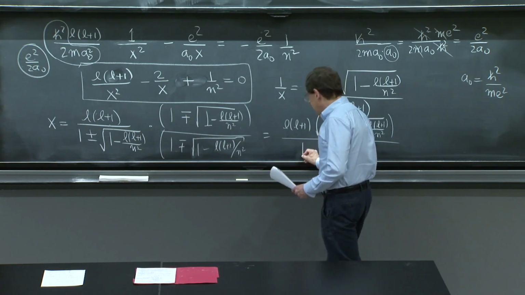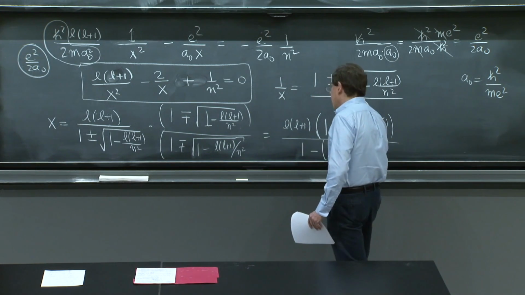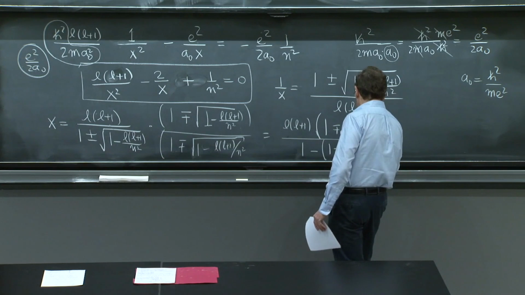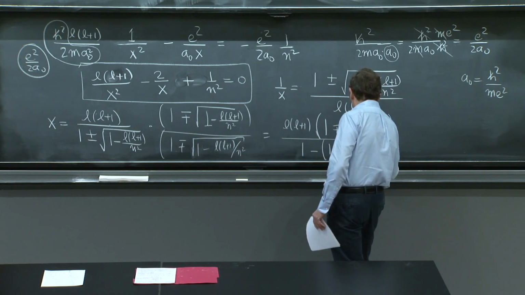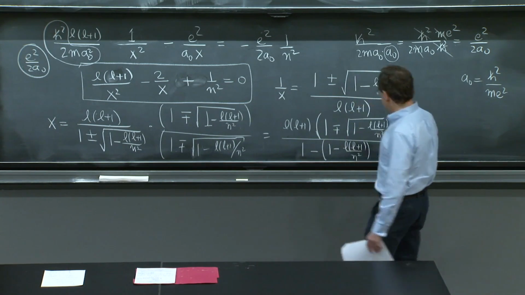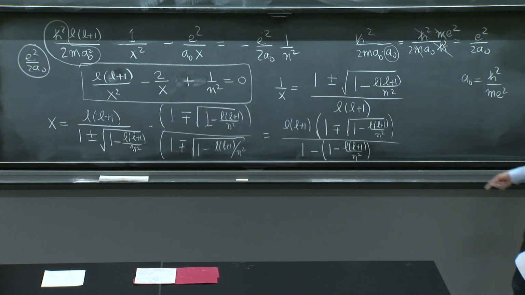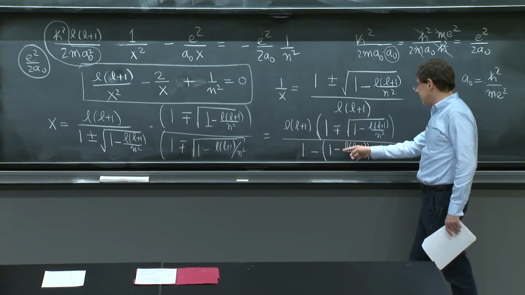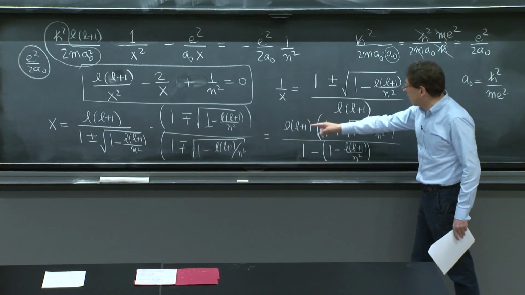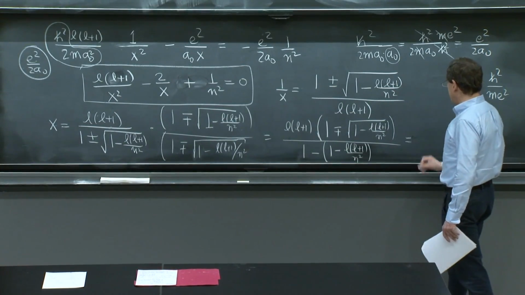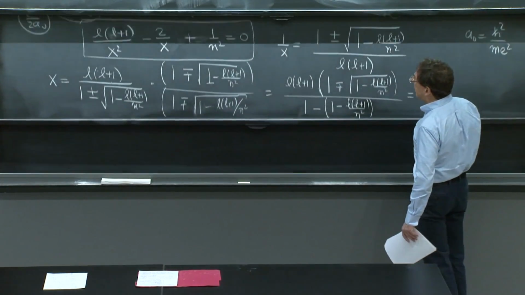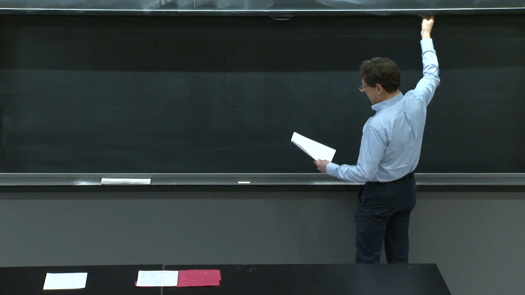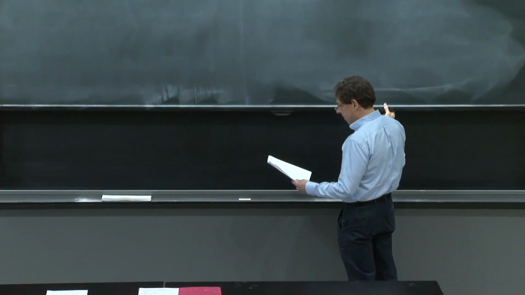So it's 1 minus L times L plus 1 over n squared. And the good thing is that the denominator, the 1 cancels, and you get the plus L times L plus 1 over n squared that cancels that one, so that at the end of the day, we get a pretty nice formula.